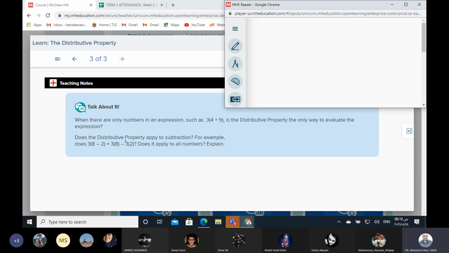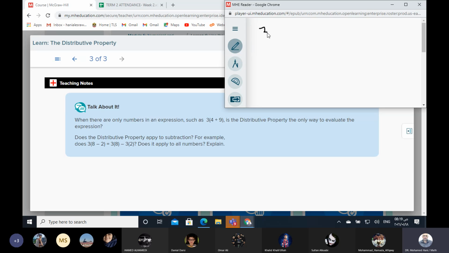Does the distributive property apply to subtraction? For example, does 3 times (8 minus 2) equal 3 times 8 minus 3 times 2? Does it apply to all numbers? Explain.